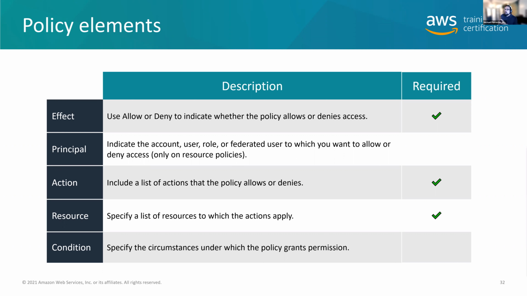But if I'm like, hey, I don't want to do it that way, I just want to attach a policy to Sean, Vinod, and Masood, then what I'll do is I'll just attach the policy. And because the policy is there, I won't need to define the principal. That's the difference between identity-based policies, which are attached to the principal, and resource-based policies, which are attached to the resource or service.